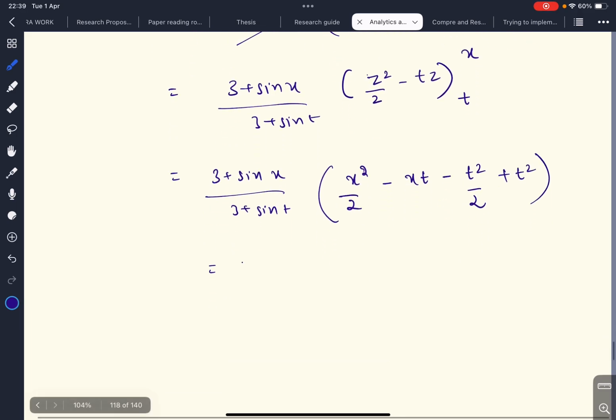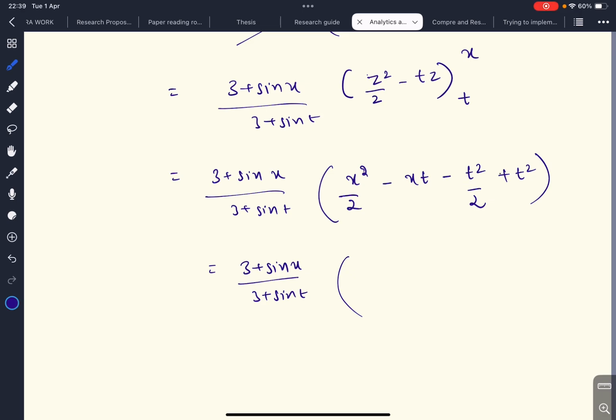If you evaluate it, you get 3 plus sin x upon 3 plus sin t into, this will be minus t square by 2 plus t square, so this will be plus t square by 2, and if you take this, it will become 2 factorial, it will be x square plus t square minus 2xt, which is x minus t whole square.